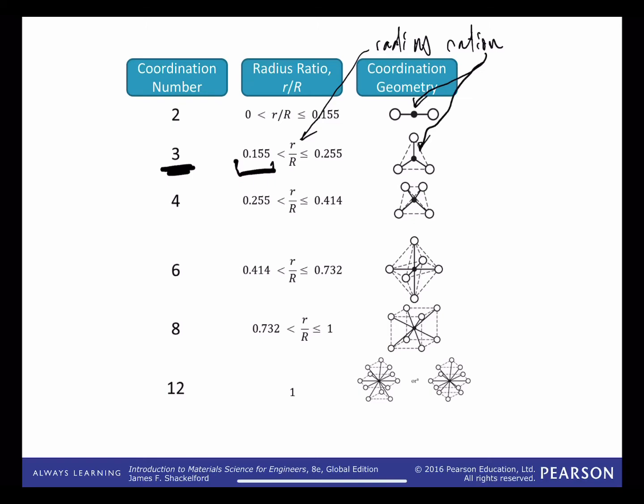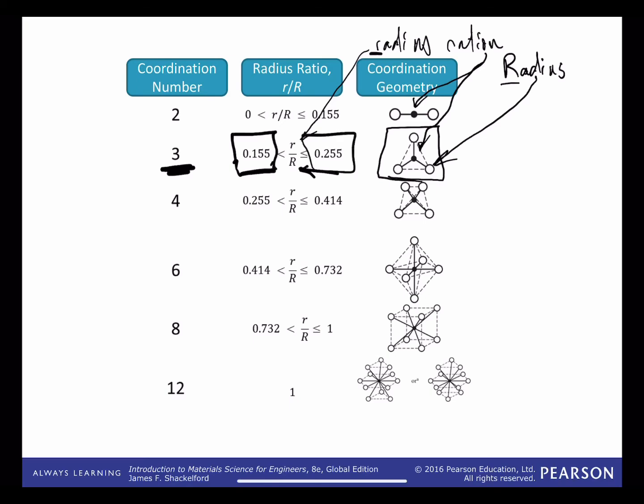And then the radius, capital R, of the anions being considered to be positioned around the ion is there. Okay. And so what have we observed here? It's known that for most coordination number 3 ionic compounds, the radius ratio of cation to anion lies between 0.155 and 0.255. Kind of an empirical result there.